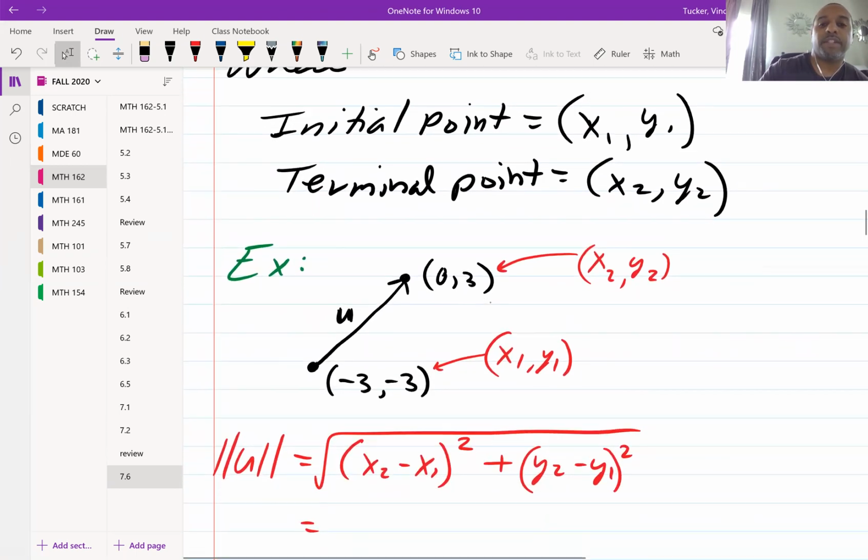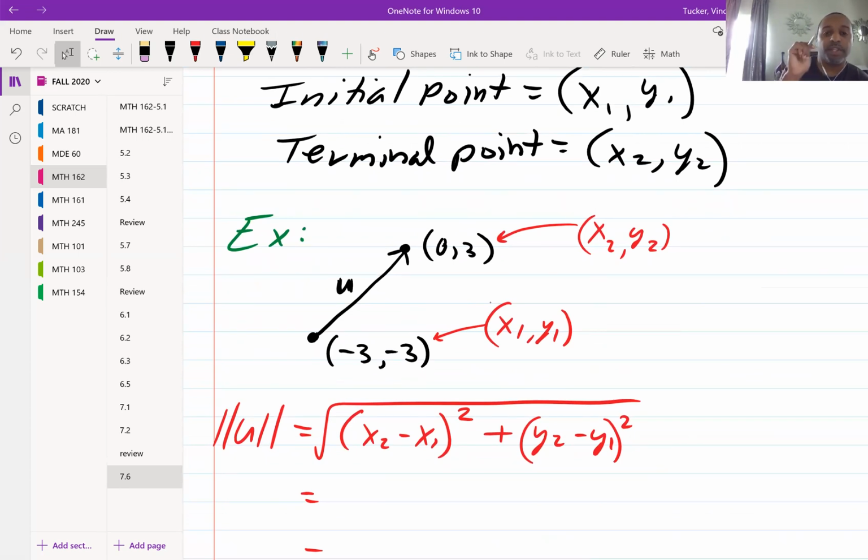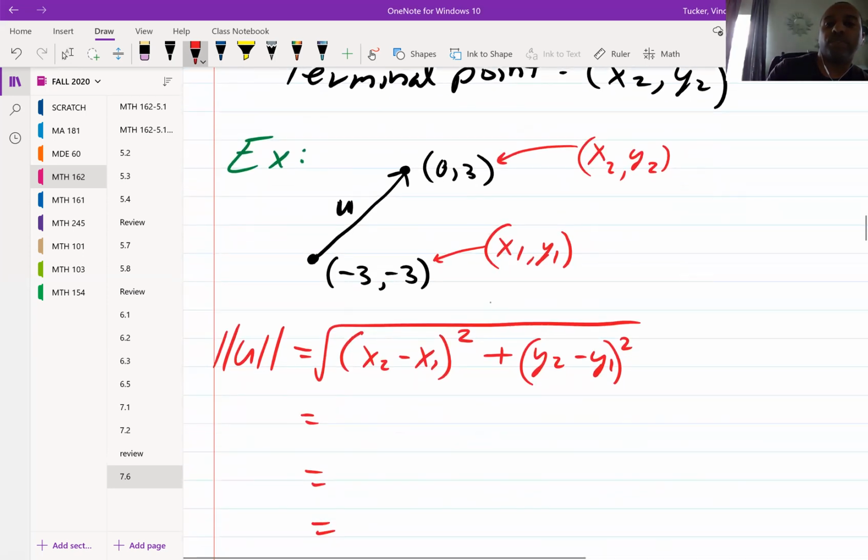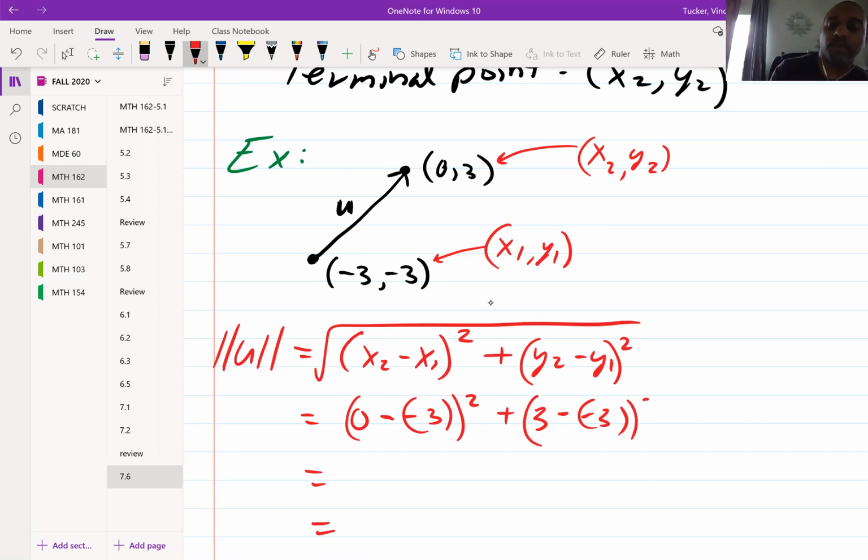So if I have vector u with the coordinates for the initial point -3, -3, and the coordinates of its terminal point 0, 3, and I want to find the magnitude, your initial point is considered x1, y1, and the terminal point is considered x2, y2. So you plug in your values accordingly. x2 is 0 minus x1, which is -3, and that's going to be squared. y2 is 3 minus your y1, which is -3, squared.